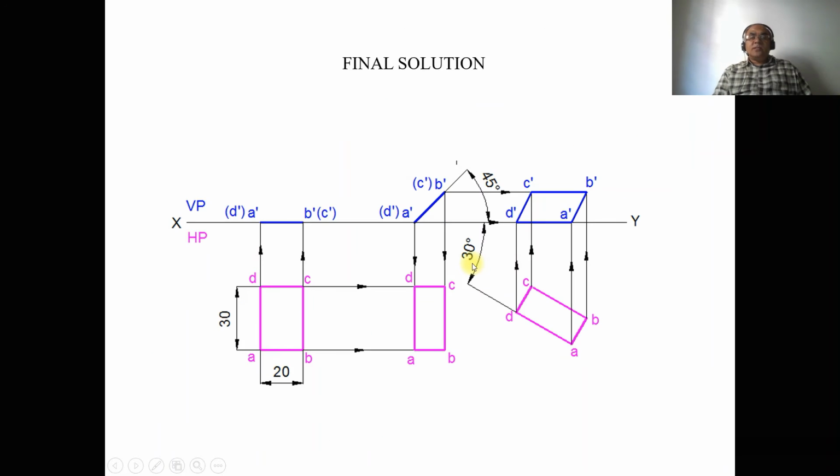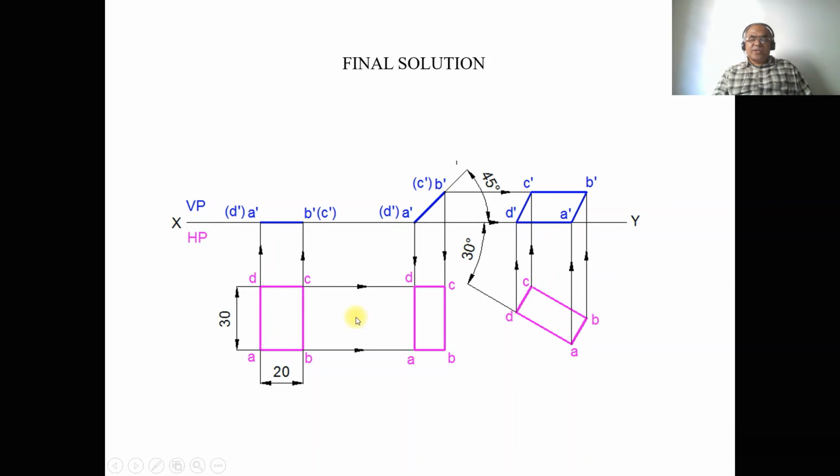Now, how to solve this problem using the sketchbook? I am going to explain how you have to do it manually. First, we will draw an XY line with a very thin line, and you mark X and Y, and mark VP and HP.